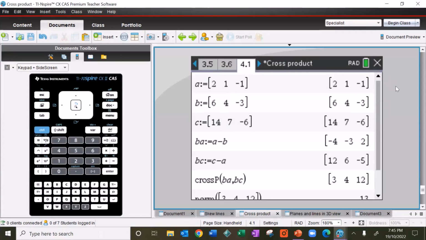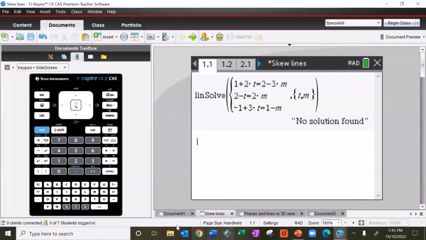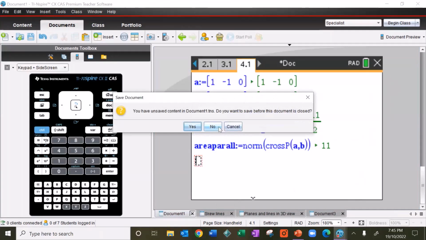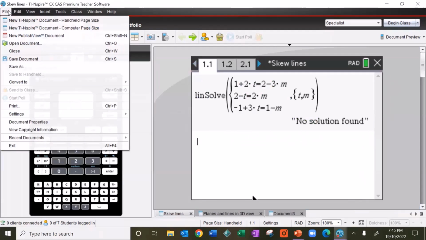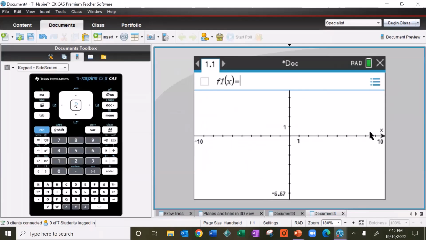Now, the next thing I would like to show is graphing straight lines and planes in 3 dimensions. So I will close this one and close this one. I will open a new document and we'll go graphs.